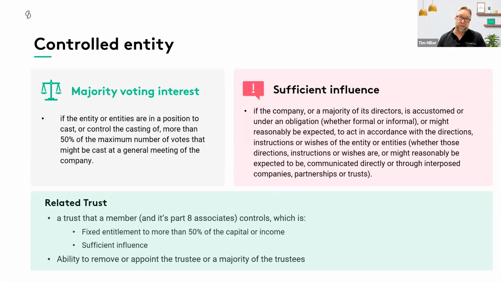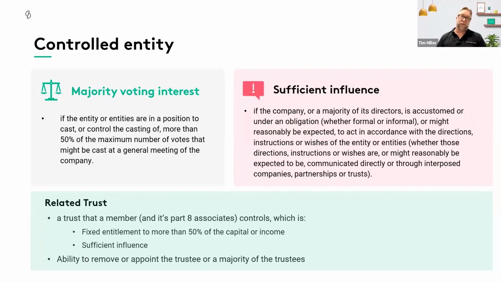Right, so who are your shareholders? So when we're looking at a company, who are your shareholders? If those shareholders have more than 50% of the shares to be able to cast votes, then it's a related company.